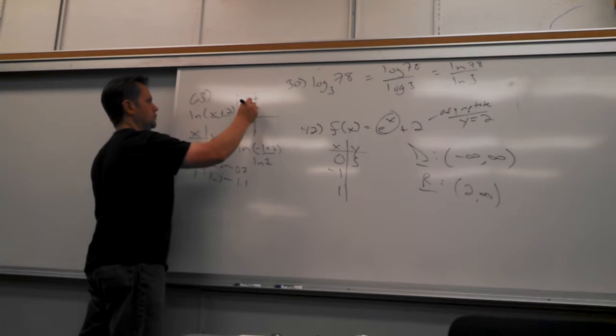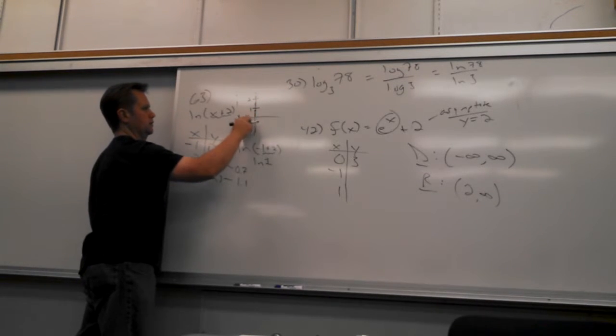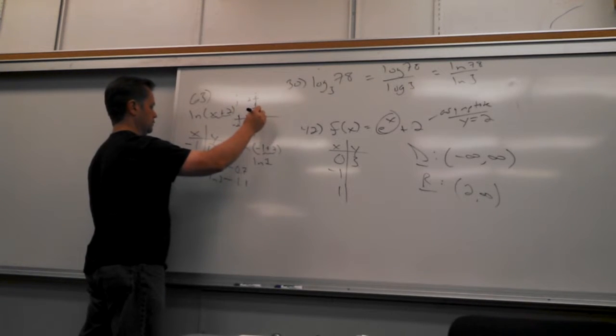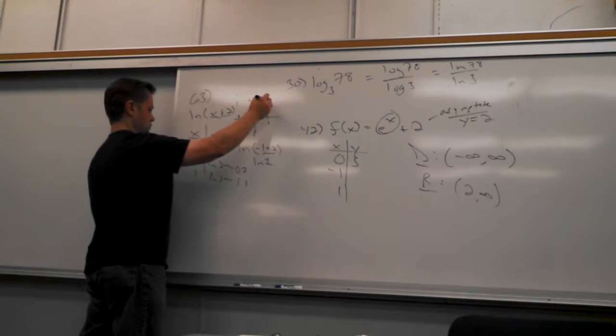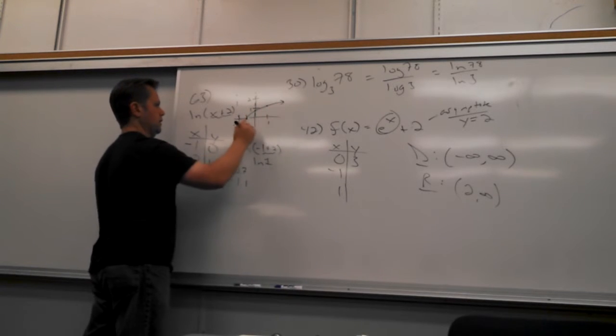So 0.7 is like right there, maybe. And then, where am I at? 0, and then 1. Let's see, that's roughly good. 1.1 is right there, so then I can fill it in. Bam, bam, bam, bam, bam.